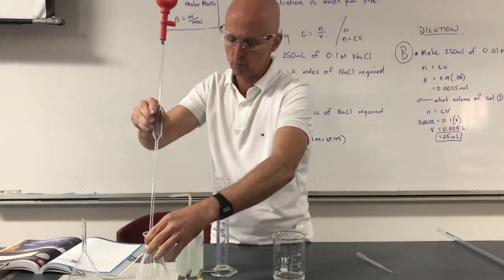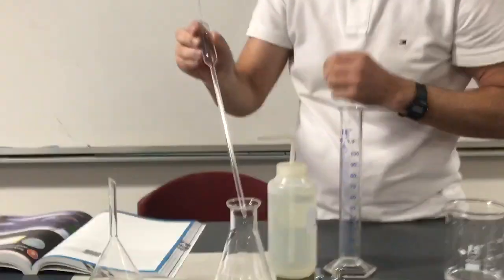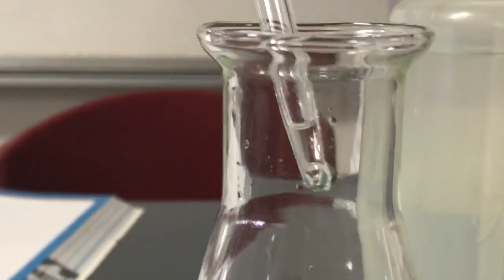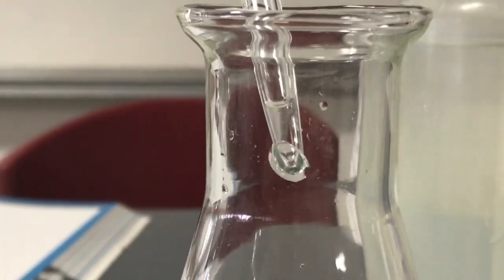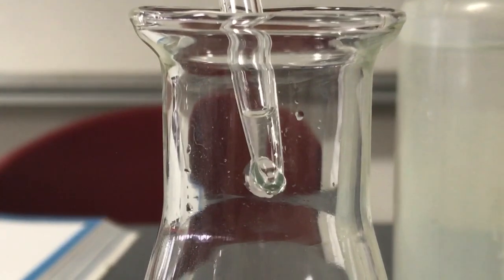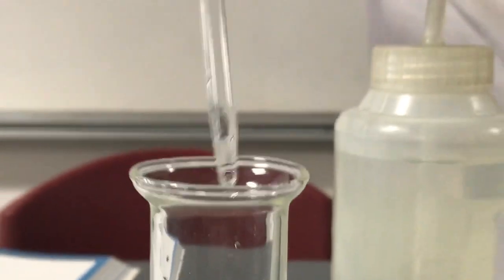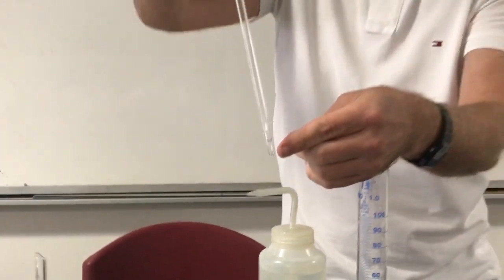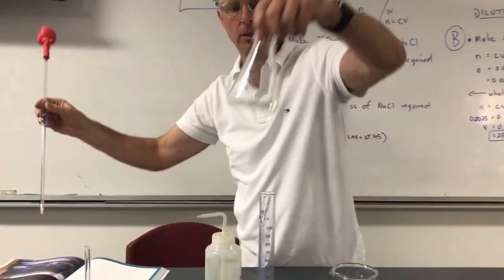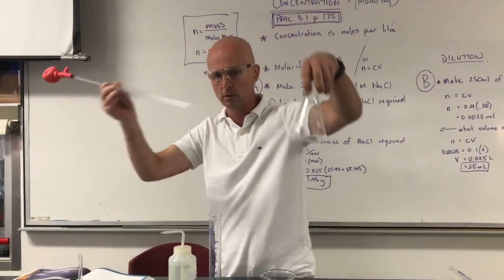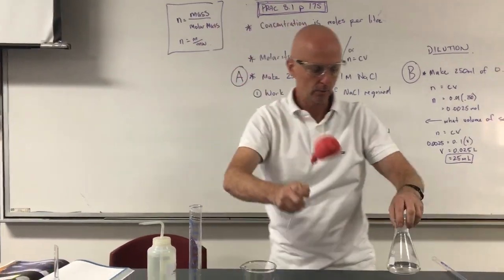So what you want to do is touch that on the side and let surface tension just drag out that final drop for 10 seconds, all right? And there's a drop of water just being dragged out there, you can see that. But you'll still see that there's some fluid left in there, and you're not to worry about that. That's just calibrated. You've got now exactly 25 mils in there using this accurate piece of glassware.